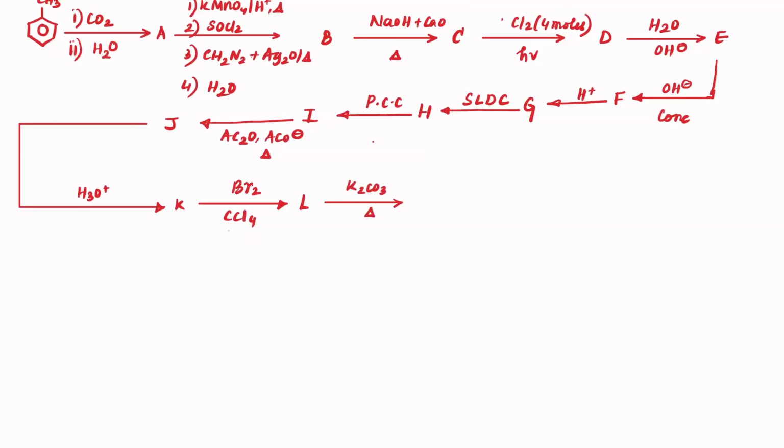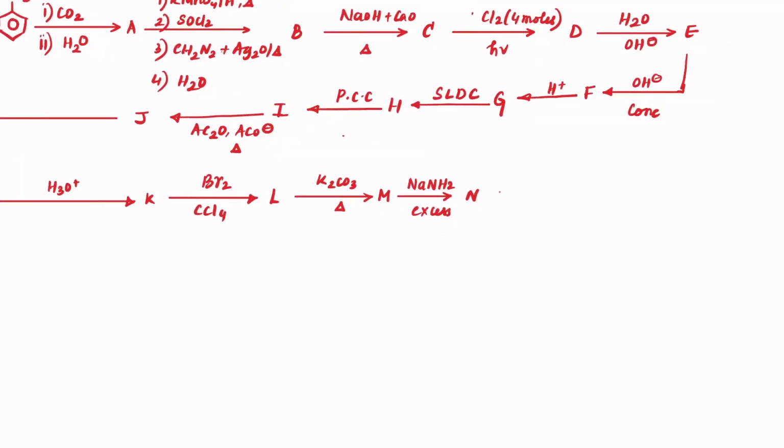K2CO3 and heat. I'll get this as M. Okay. This M, when you react with NaNH2 in excess, you'll get this as N.